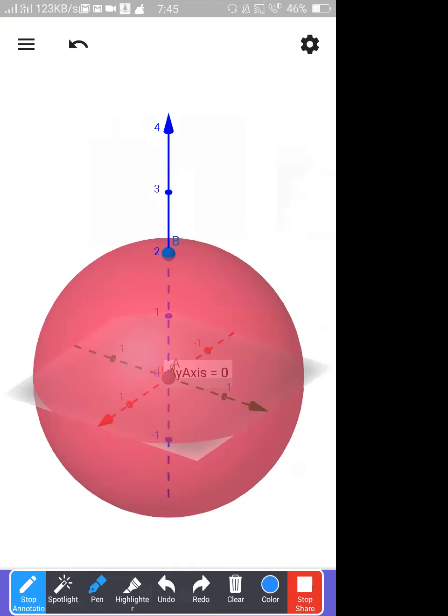See, what I have to prove finally is z equal to r cos theta, and the main thing is it is independent of phi. Why?